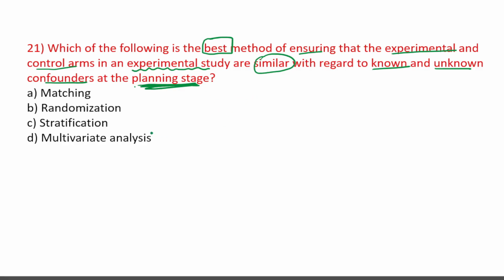The answer for this question is randomization. Please remember this question and also the answer. The best method of ensuring that the experimental and control arms are similar with regards to both known and unknown confounders at the planning stage is randomization.